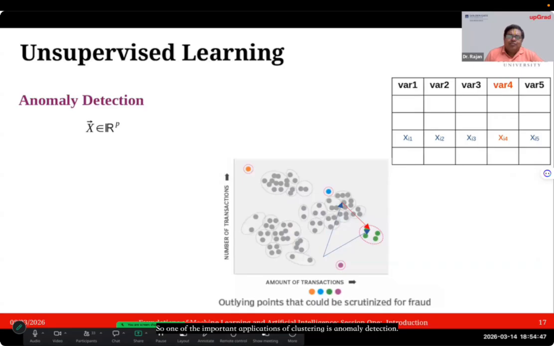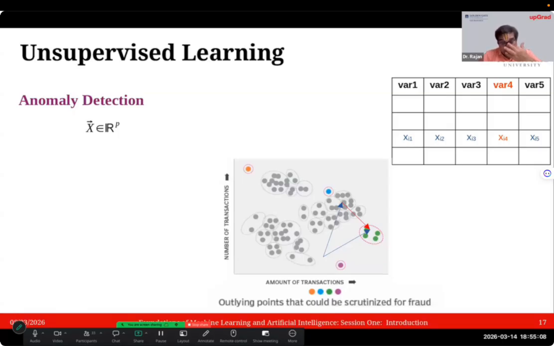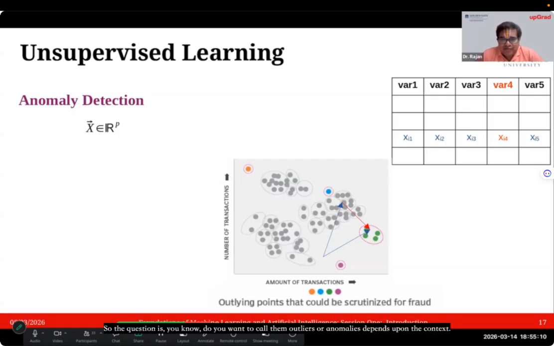So one of the important applications of clustering is anomaly detection. That is, there might be some set of points which do not belong in any cluster, and those points could be either outliers or anomalies. The question is, do you want to call them outliers or anomalies?